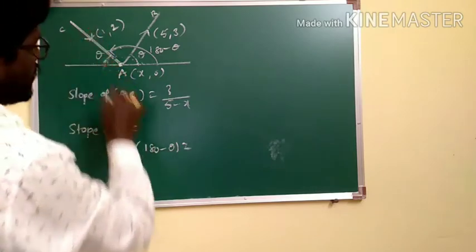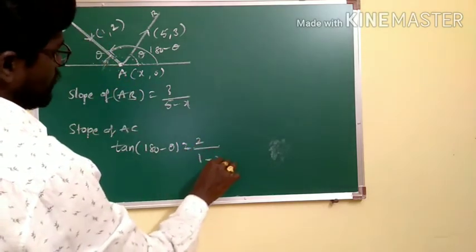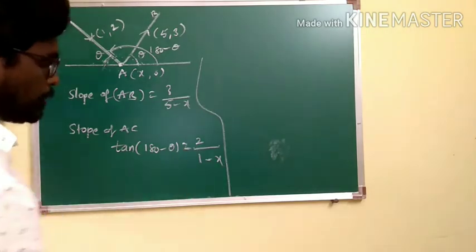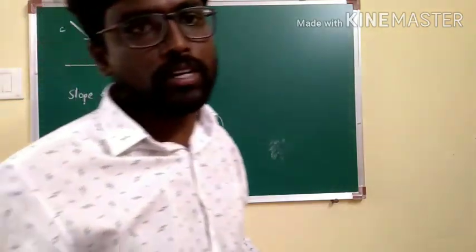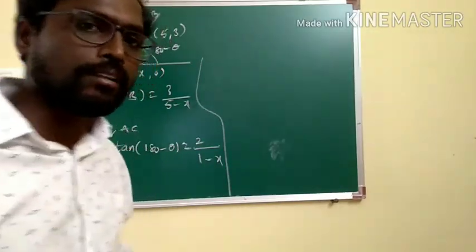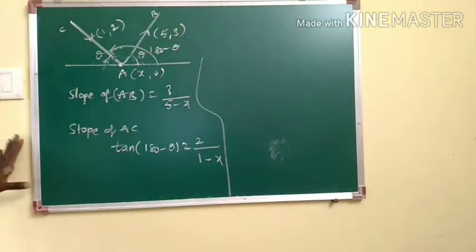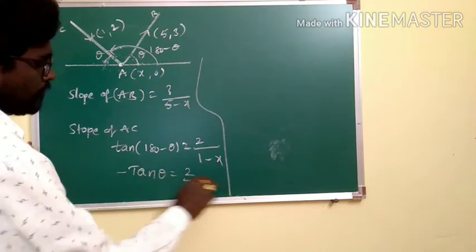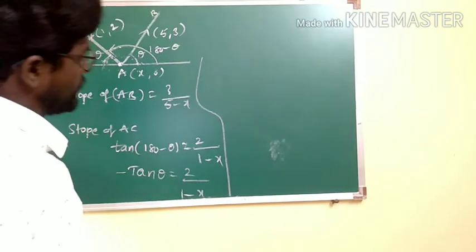is equal to 2 minus 0 by 1 minus x. So what is tan 180 minus theta? 180 minus theta lies in the second quadrant according to the trigonometry concept. 180 minus theta lies in which quadrant? Second quadrant. In the second quadrant tan theta is negative, so minus tan theta is equal to 2 by 1 minus x.